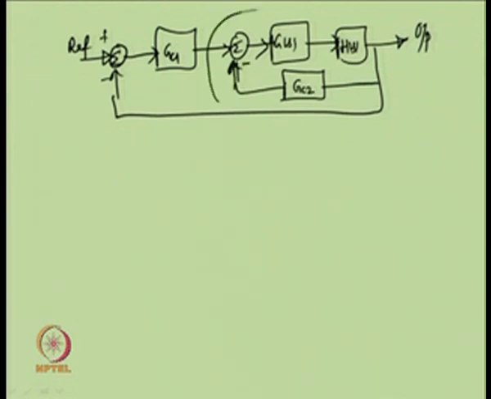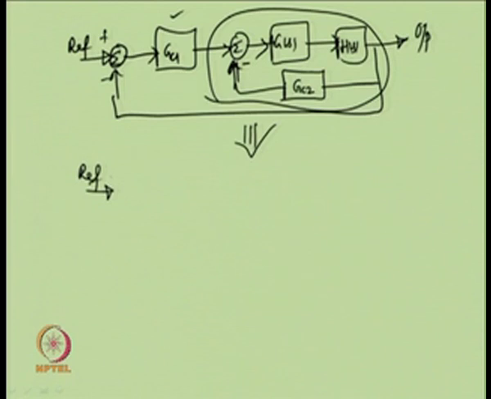Why is this arranged in this fashion? So as to make out that G C1 is primarily going to control a modified process. How is that evident from this block diagram?